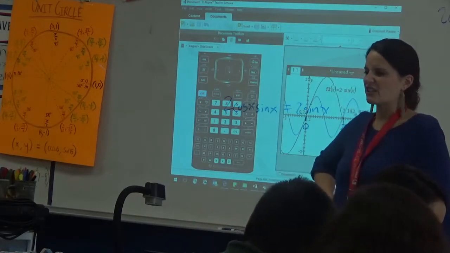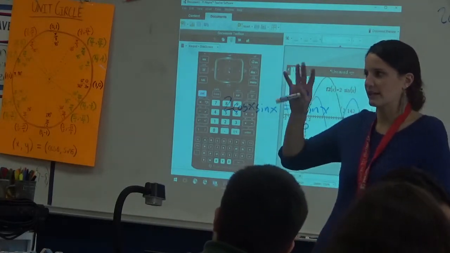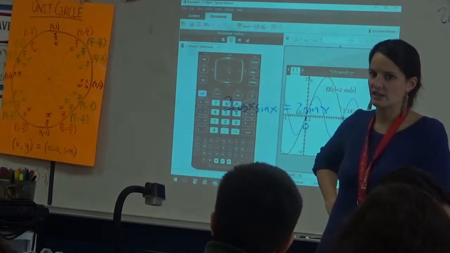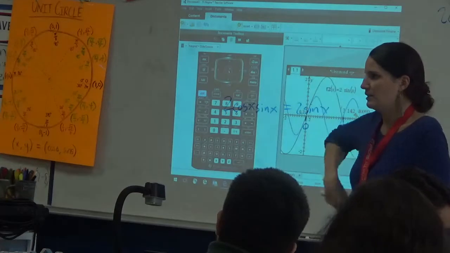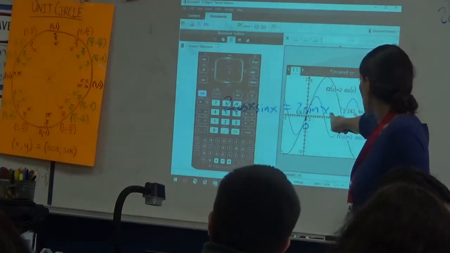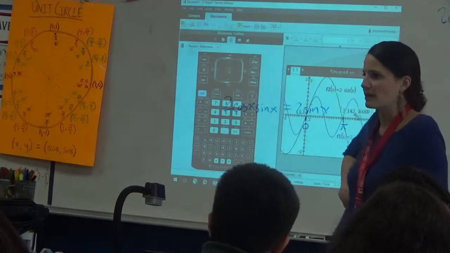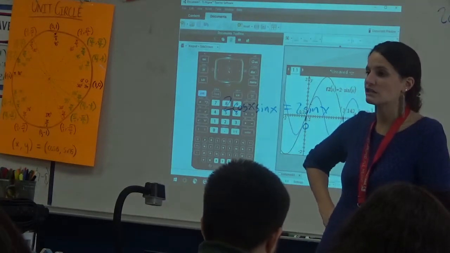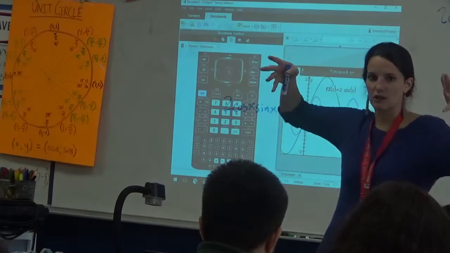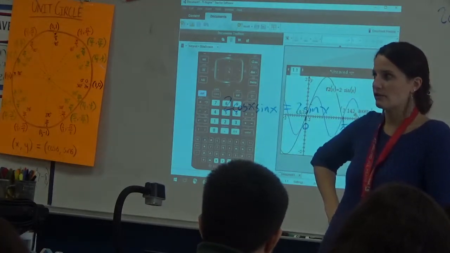Your calculator's just rounding and doing some interesting things when calculating intersections, so it's slightly off there. So we got 0, roughly, pi, and 2 pi showing up on our calculator. So those should be our solutions between that interval of 0 and 2 pi when we solve algebraically.